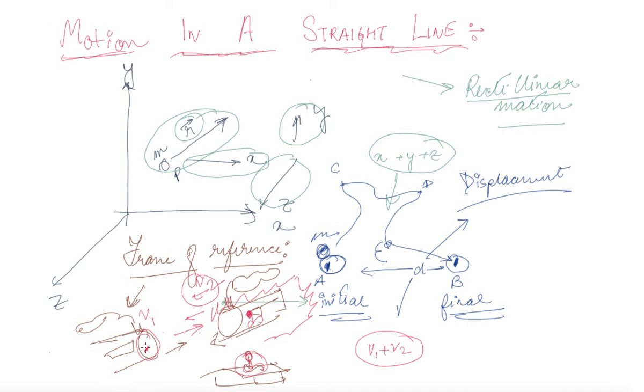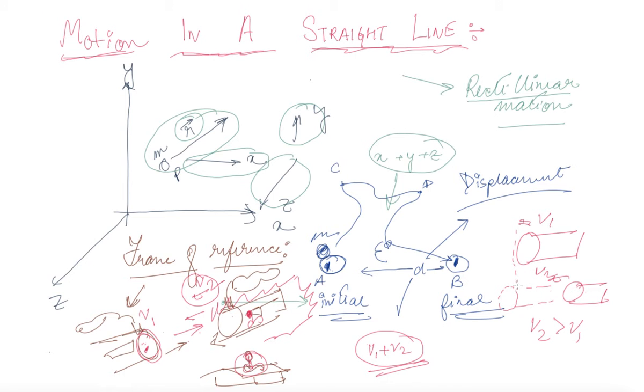Now why does it happen so? Why does he feel that this train is moving with this much velocity? Or the other way he can perceive it is that if he takes this train to be not moving, he will see that he is coming towards this train with this much velocity. The practical example is that if two trains are moving alongside each other with great velocity, say V1 and V2, and suppose V2 is greater than V1, then slowly and steadily this train will cross this particular train.